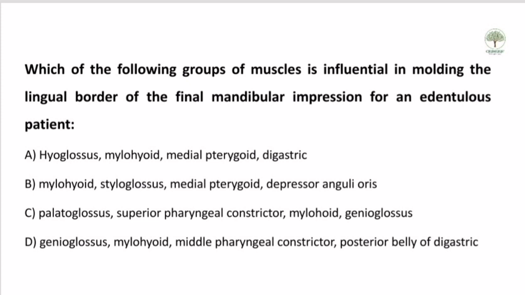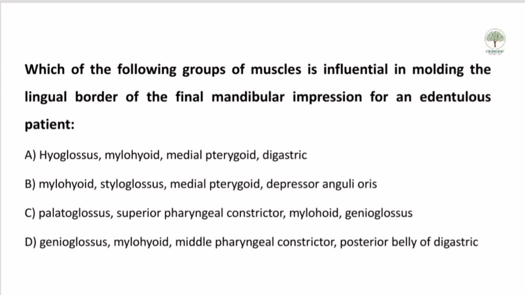Which of the following groups of muscles is influential in molding the lingual border of final mandibular impression for an edentulous patient? And you have got four sets of options where there are multiple muscles.